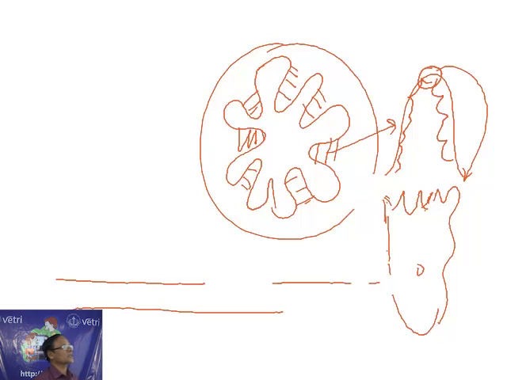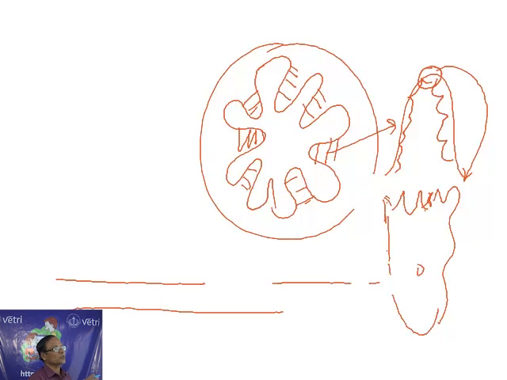Each villus has a single layer of epithelial cells, and each epithelial cell is a columnar epithelium having free margins like many filamentous hair-like structures, and they are called microvilli. So the microvilli and villi increase the surface area of absorption. Now the villi are considered as a unit of absorption present in the intestine.